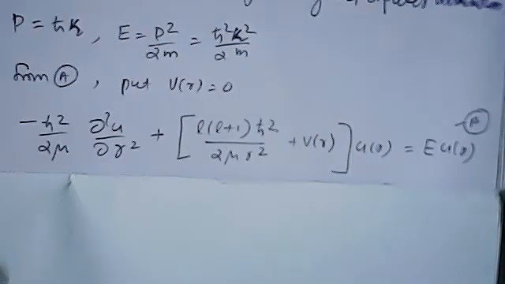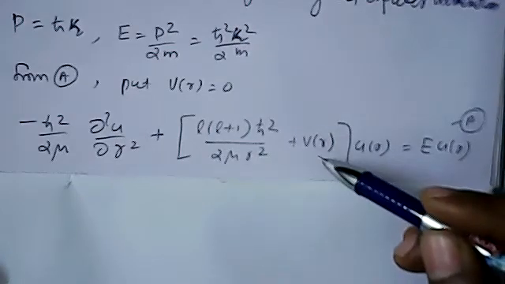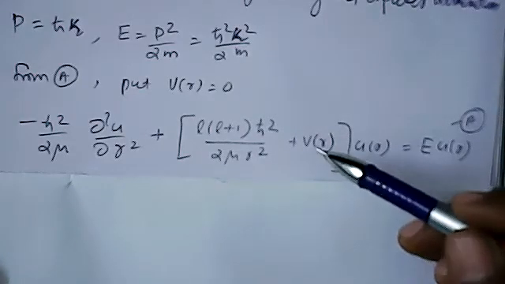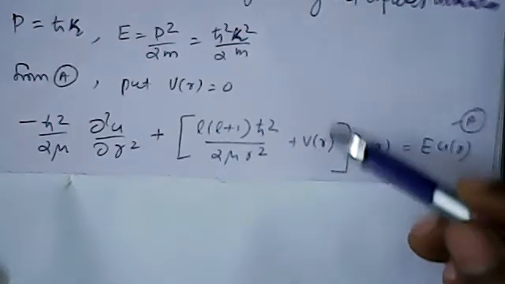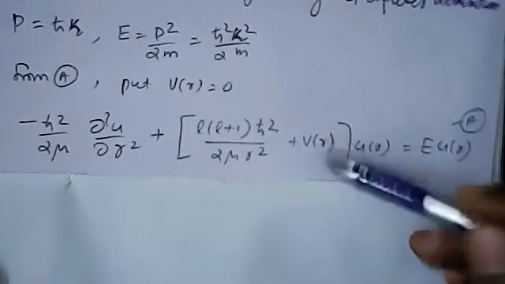This was our equation number A. You go back and find this equation. Take that equation and put V of r equal to 0, because inside the sphere or spherical well, the particle experiences 0 potential. Okay. So put V equal to 0.